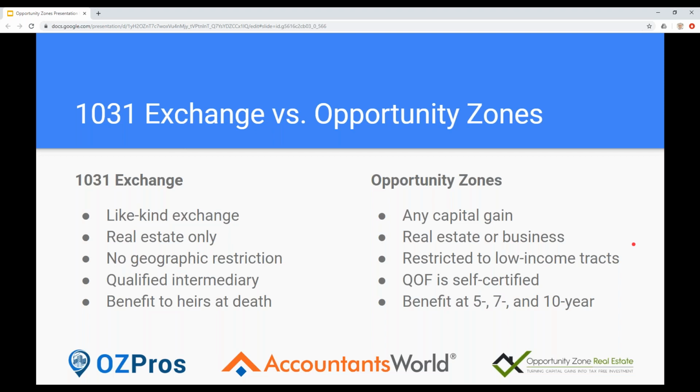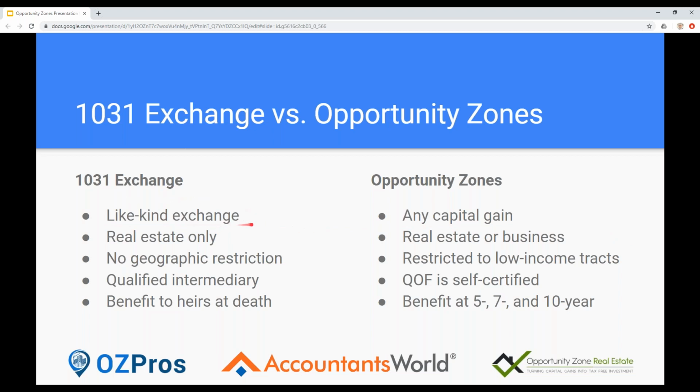Let's start with the 1031 exchange first. The Opportunity Zones program has been referred to by some people as essentially a 1031 for stocks. And in some ways they're right, and in some ways that's not exactly right, because there are a lot of differences between the two programs. There are some similarities, of course, the abatement of tax essentially at the end. But I'll just go through these line by line here.